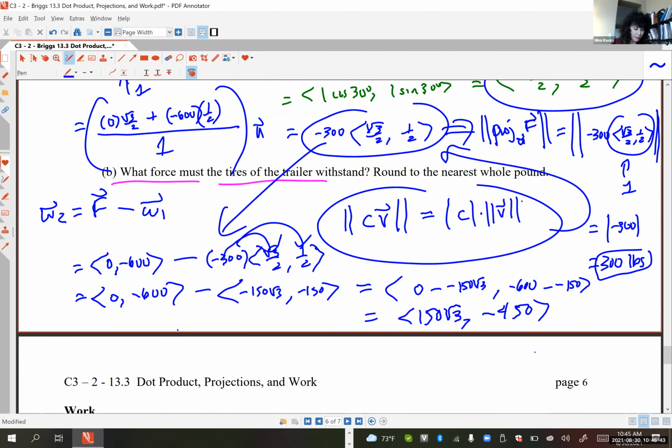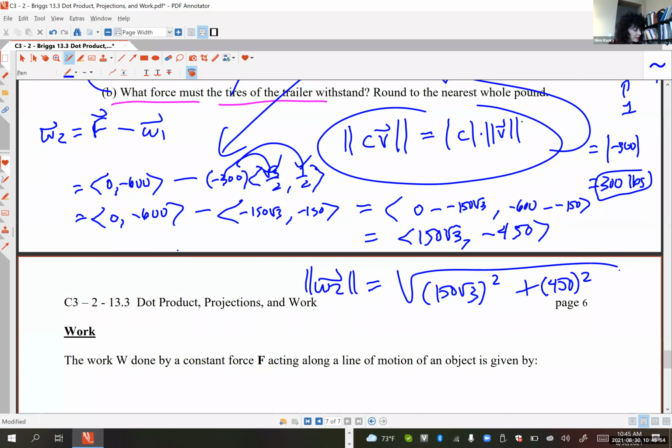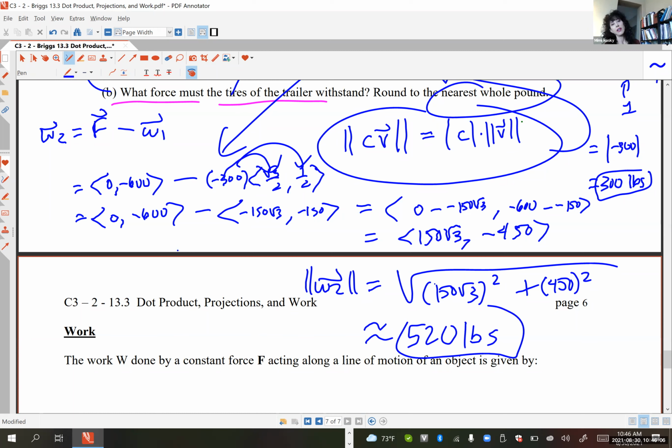And then, since they want the magnitude of W2, you're going to get the square root of the sum of the squares, punch that up in a calculator, and I'm going to round it off to the nearest whole pound because they asked. And it's about 520 pounds, and that's the force that the tires are withstanding, perpendicular to the ramp. And we're done with this problem.